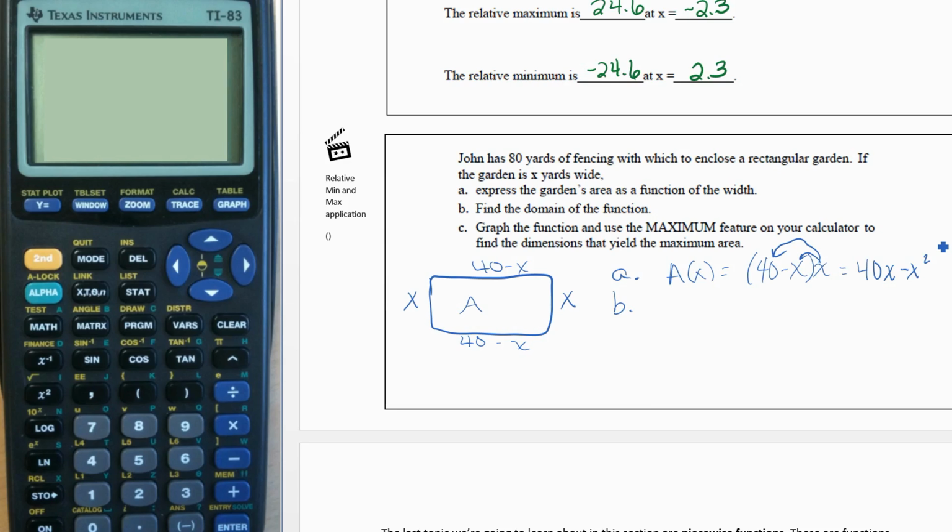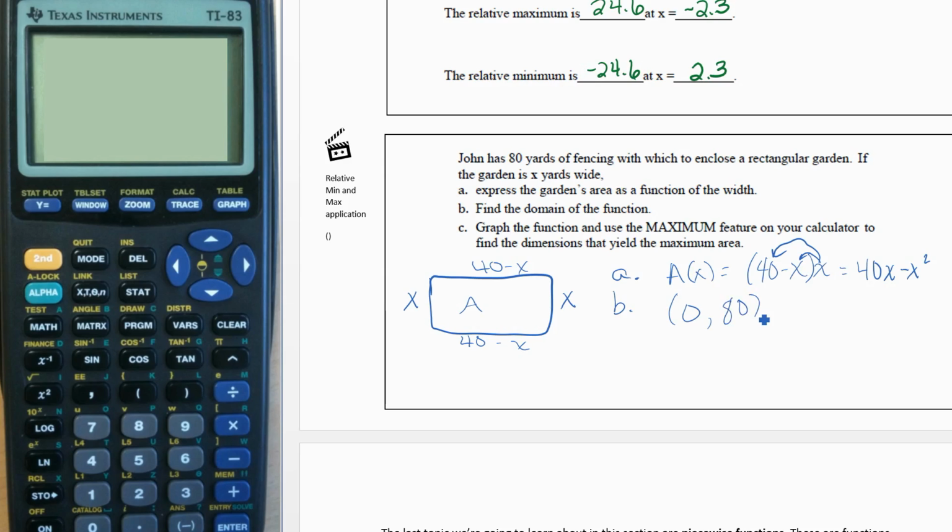If we're talking about how wide something is, it can't be less than 0 yards wide. And if we have 80 yards of fencing, it can't be wider than 80. So our domain here is actually from 0 to 80.